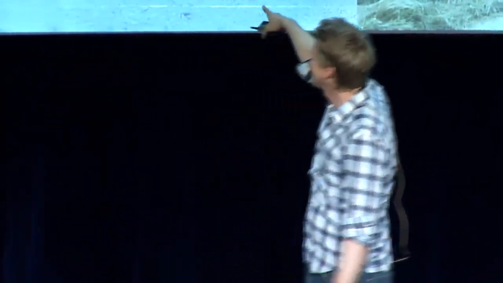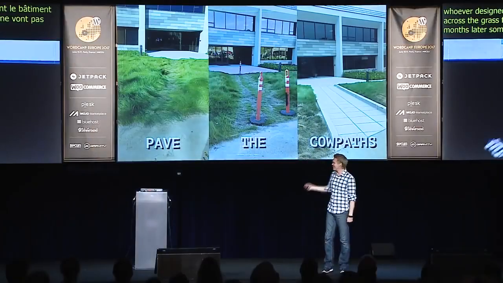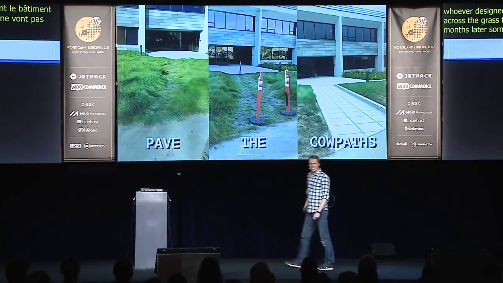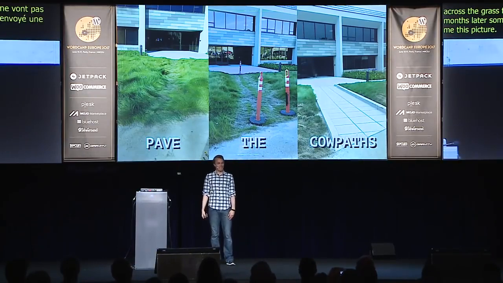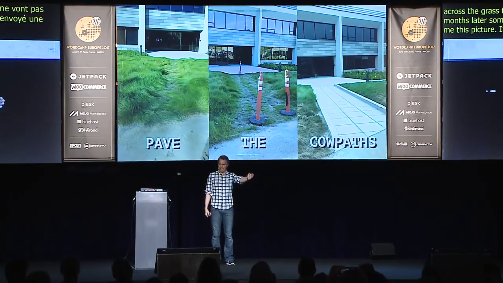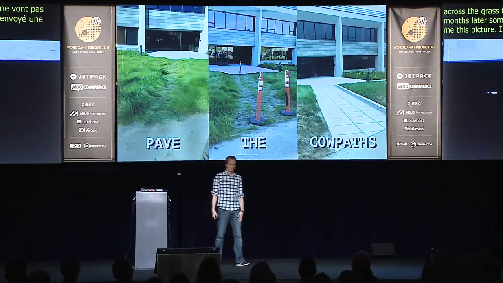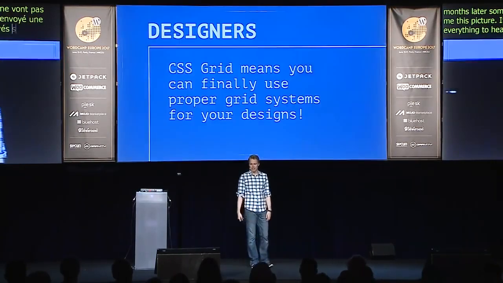So I just started walking across the grass, and I was walking across the grass for a couple hours to make a path. And then a couple of months later, someone sent me this picture. And then a week ago, someone sent me this picture. If you pave cow paths, meaning walk where you want everything to head, eventually, someone will put paving stones down.